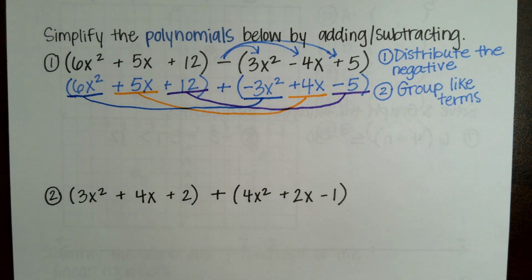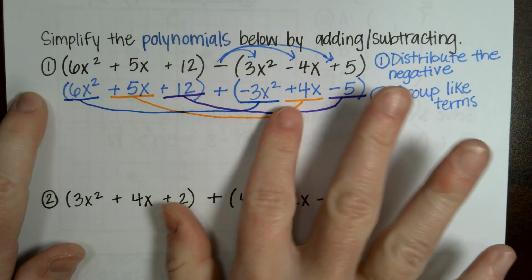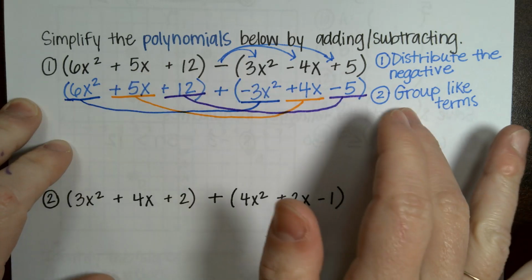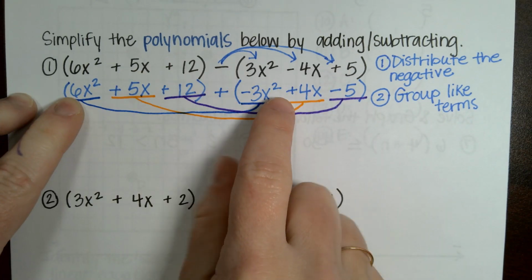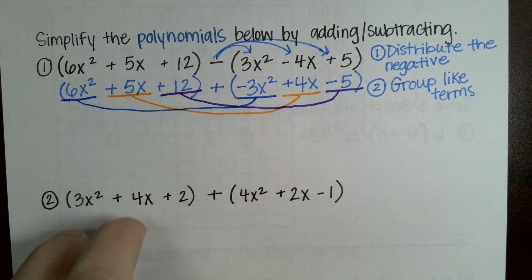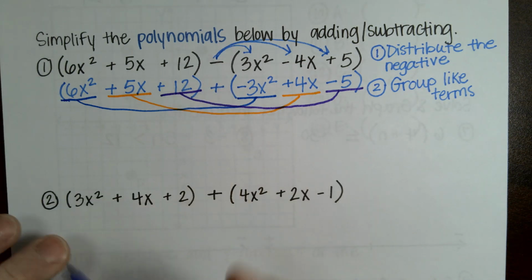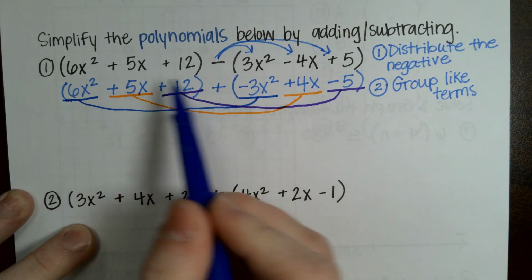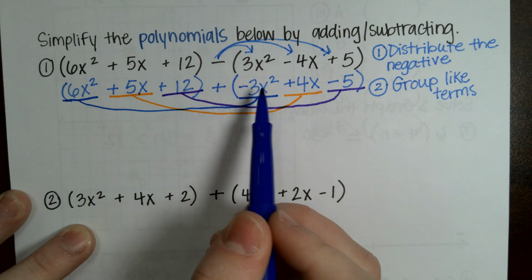Now we need to write out the new order of all these terms, because whenever we are grouping them, we want to put them next to each other. So let's pull them down. I've got 6x squared plus a negative 3x squared.